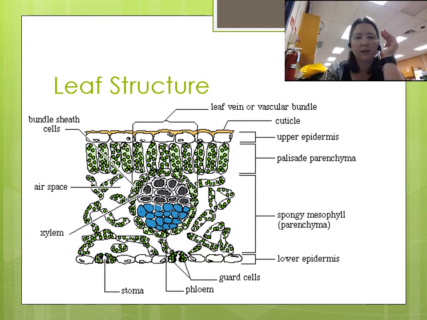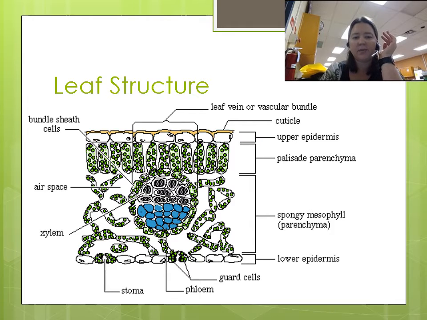All right, so when we think about the leaf, right here especially, which is called the mesophyll. We've got technically two pieces to the mesophyll, but the mesophyll is where a lot of photosynthesis happens. And then we've got these things called guard cells and stoma.